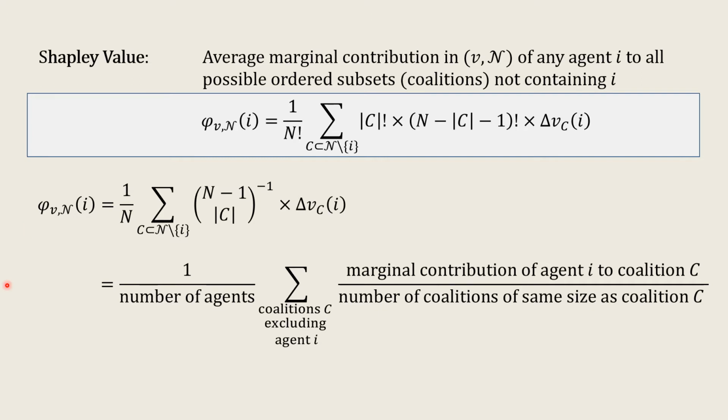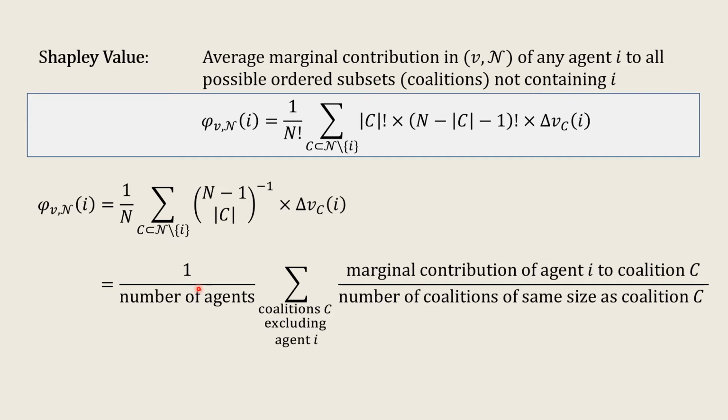So here's one way to interpret this Shapley value. Psi of agent i is 1 over n, summation over all coalitions, of (n minus 1 choose |C|) inverse, that is 1 over (n minus 1 choose |C|), times the marginal contribution to each coalition C of agent i.